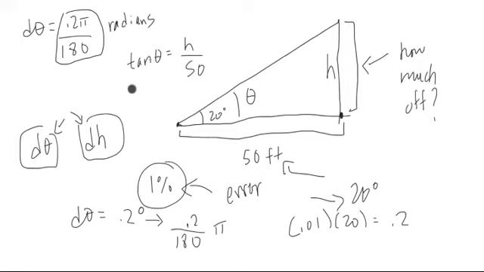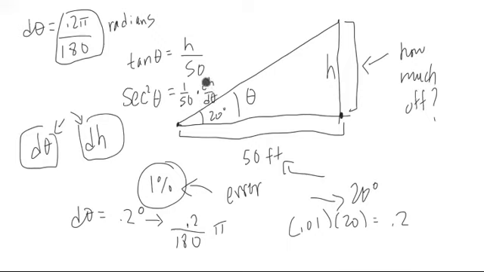Over here, we end up getting secant squared theta as the derivative with respect to theta. And on this side, we get 1 over 50 times, well, h is just a variable, so you get 1, but then you have to multiply by the derivative of h, because h is a function of theta. So we simply get dh over d theta.